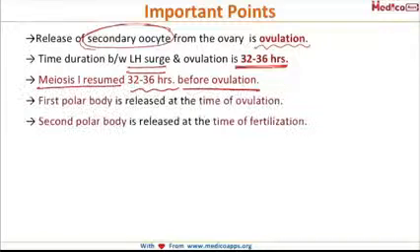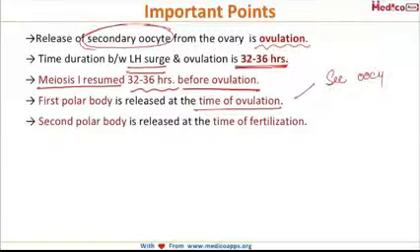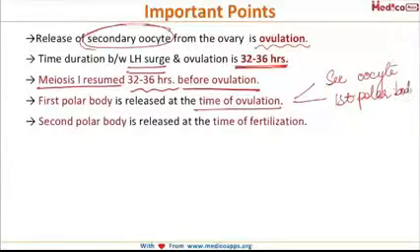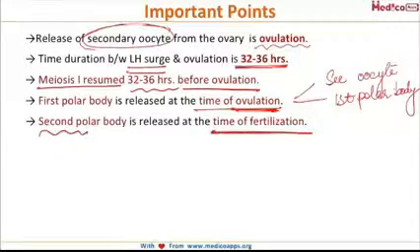As we told, at the time of ovulation, there is formation of one secondary oocyte and the first polar body. So the first polar body is formed at the time of ovulation. And the second polar body, when is it released? It is released at the time of fertilization.